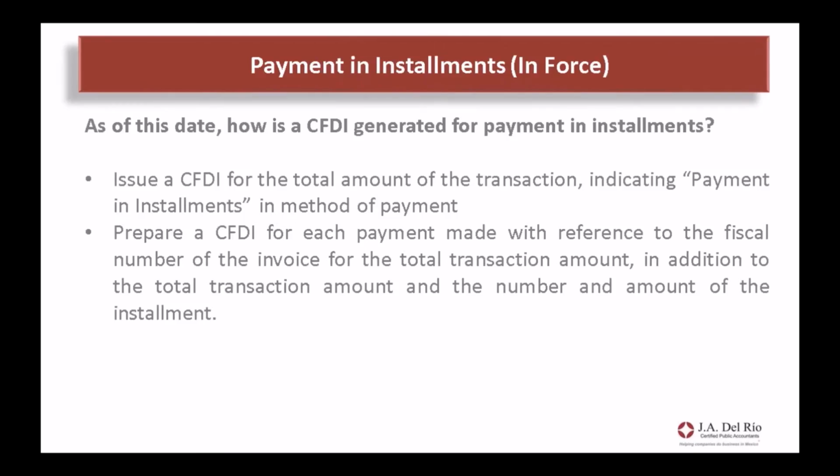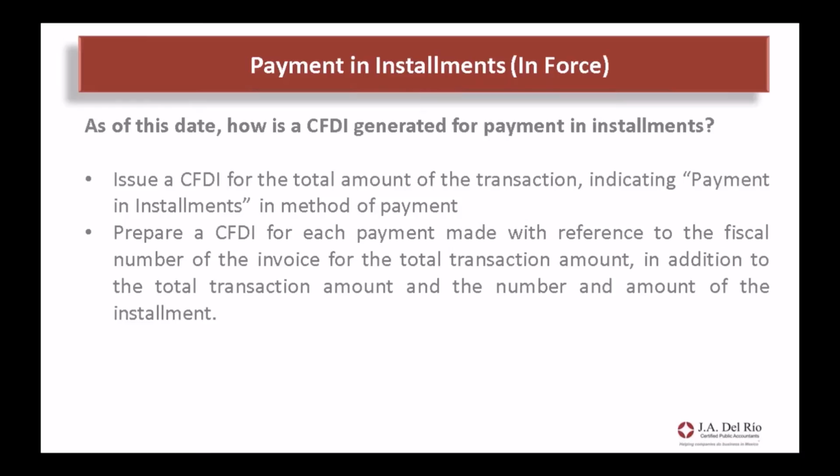So now, what does a payment in installments look like right now? Right now, we do not have to use a complement for payments. What we do is issue a CFDI for the total amount of the transaction, and we indicate that the form of payment is payment in installments.